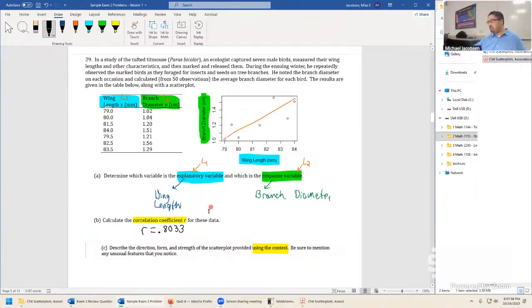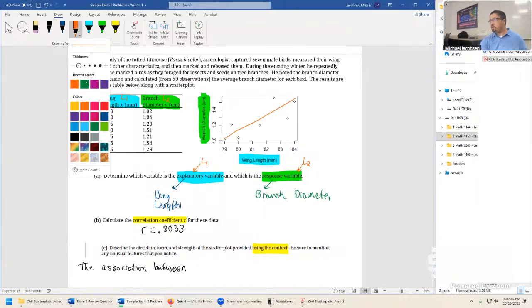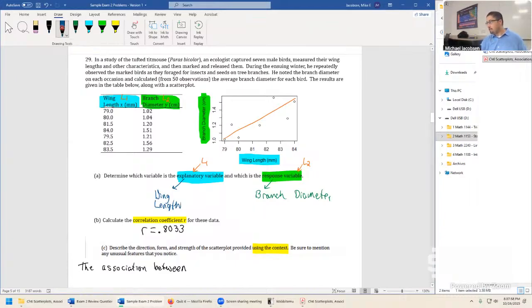So we could say, as far as it goes with direction, that's a good word. You could say either association or the relationship. Let's go the association between, let's mention the variables, wing length and branch diameter.